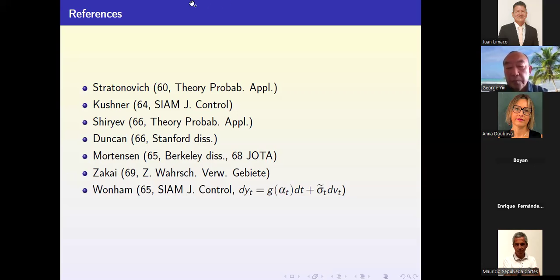So he wrote this paper on a particular kind of nonlinear system, later coined the Wonham filter, which is really just a hidden Markov chain. The Markov chain is not known, you have an observation of it, and you want to estimate it. He obtained a quite nice result in that regard.